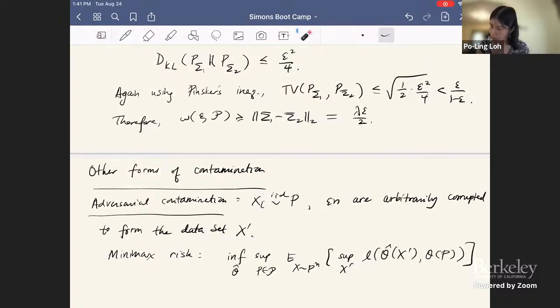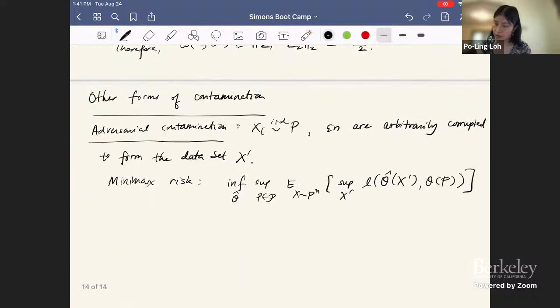I'm generating my data from this clean distribution P, with n iid samples. Then I have a supremum over X prime inside the expectation, because after the X's are generated, the adversary can perturb arbitrarily. Then I calculate the loss between the estimator on the perturbed data and the true parameter that I care about.